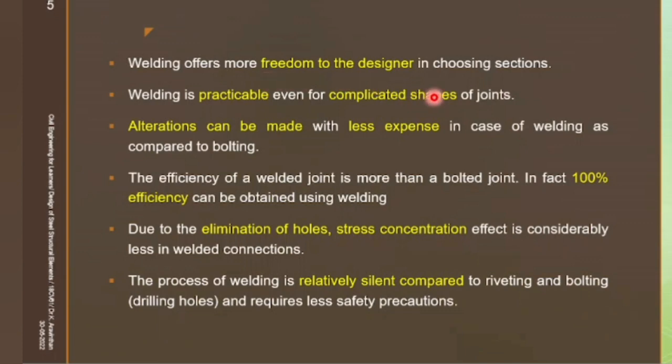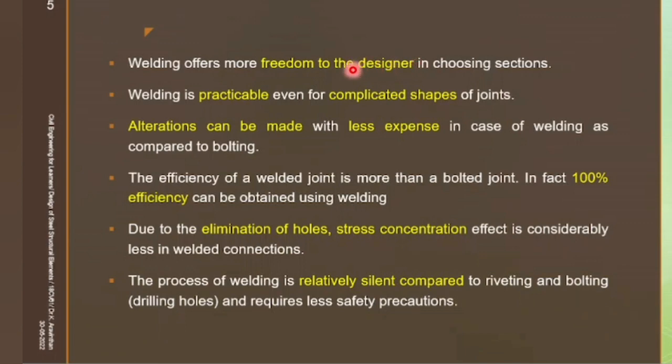That is, you can choose different types of section. See, according to the shapes of the section, you have to design the connections. If you are using angle section and eye sections, where you can rivet or where you can bolt have to be selected.